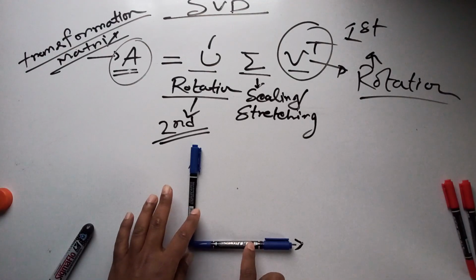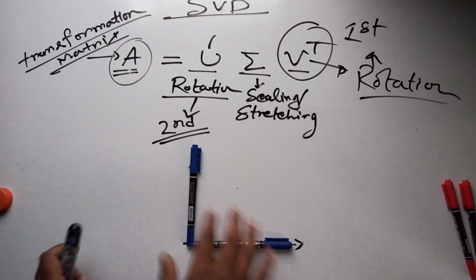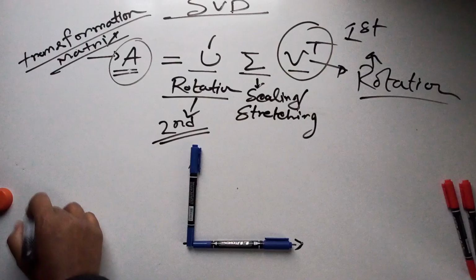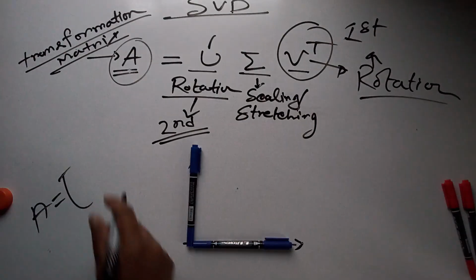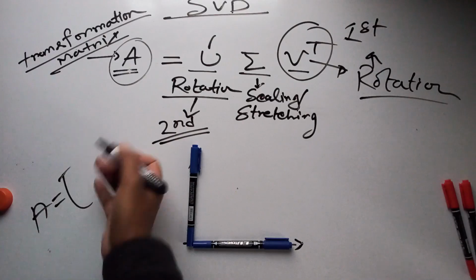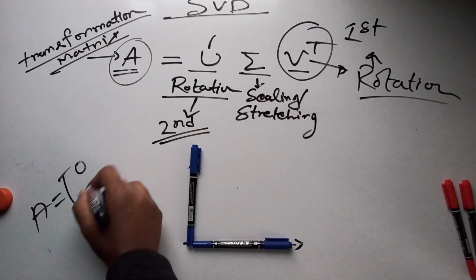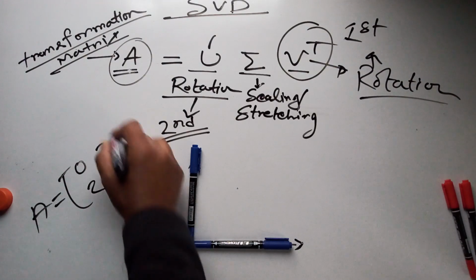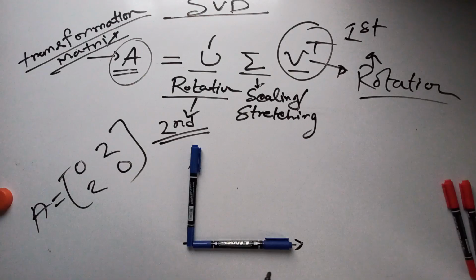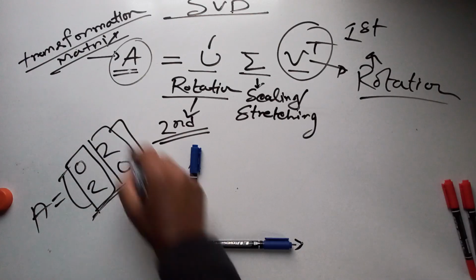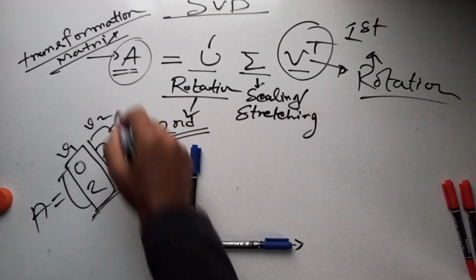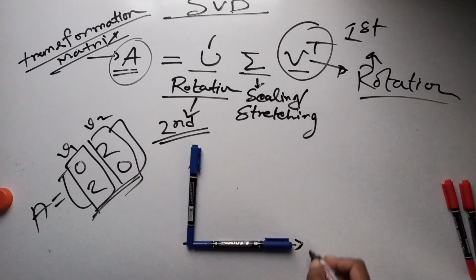Consider these two are vectors. Basically, say this A matrix contains two vectors like 0, 2 and 2, 0. So this is a matrix, but this matrix contains two vectors, say v1 and v2, and we portrayed these v1 and v2 here.